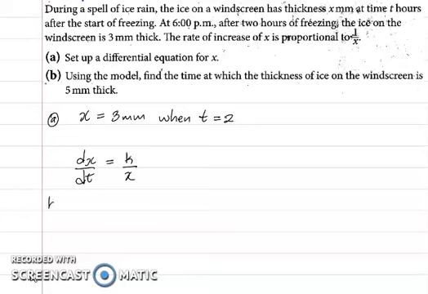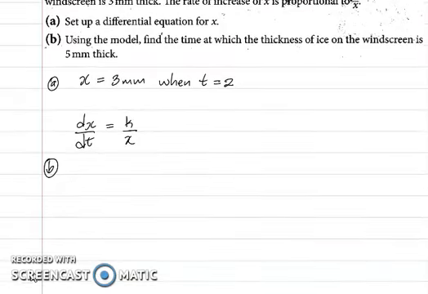B is asking us, using the model, to find the time at which the thickness of ice on the windscreen is 5 millimeters thick. All right, so let's solve our differential equation. We have x dx is equal to k dt. Integrate both sides.